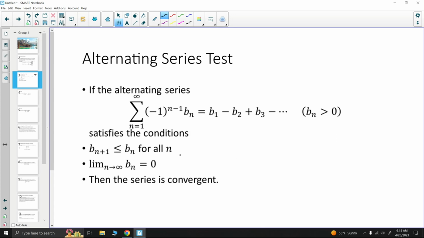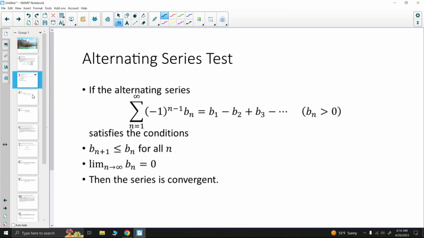You might have a series that initially goes up and then comes down, and as long as it's going down after some point, that's good enough. So we need to show that each term is smaller than the previous one, and we also have to show that the limit as n approaches infinity of b sub n goes to 0. If we can show this, then our series is convergent. If we can't show this, then it's not.